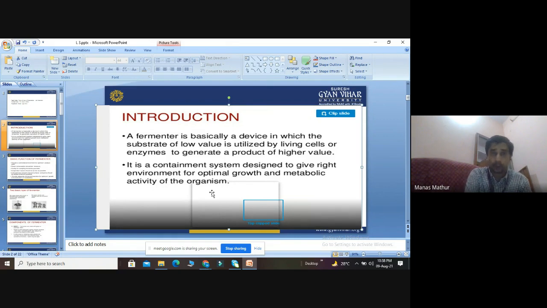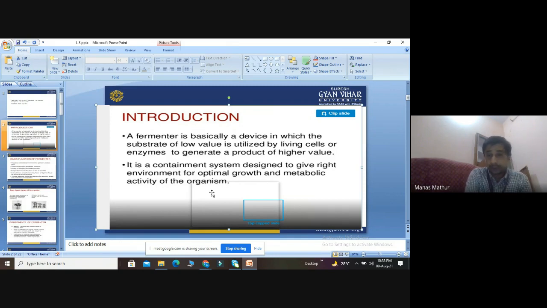It means we can convert the raw material into the desired product with the help of a fermenter, using certain enzymes and living cells. The living cells are mainly microbes, bacteria or fungi.